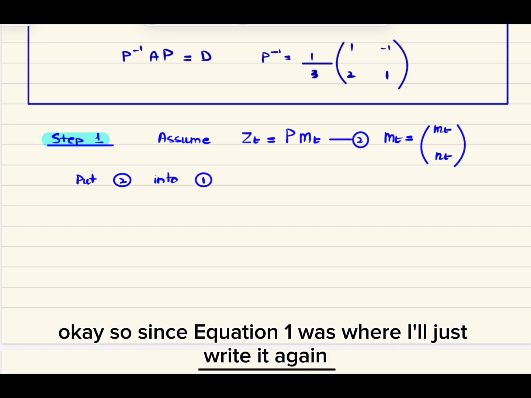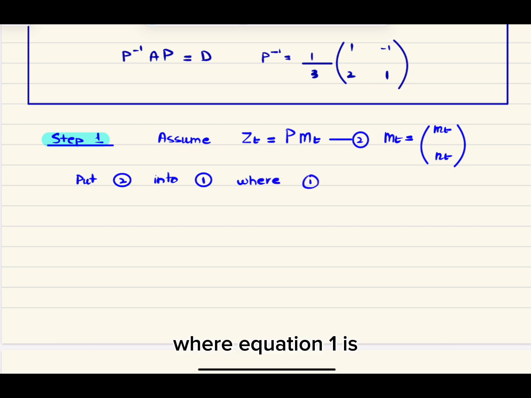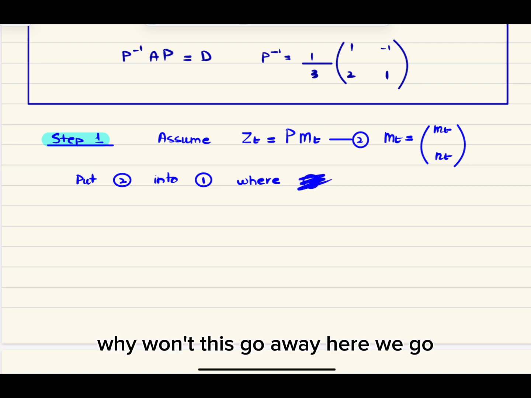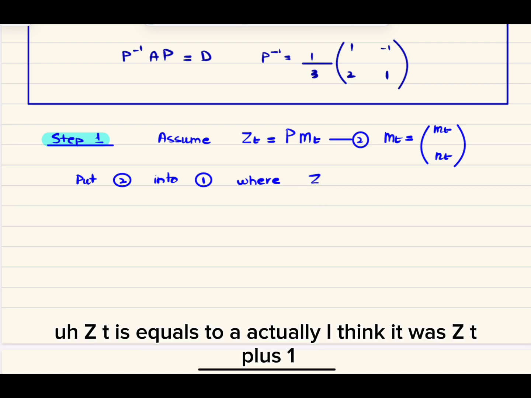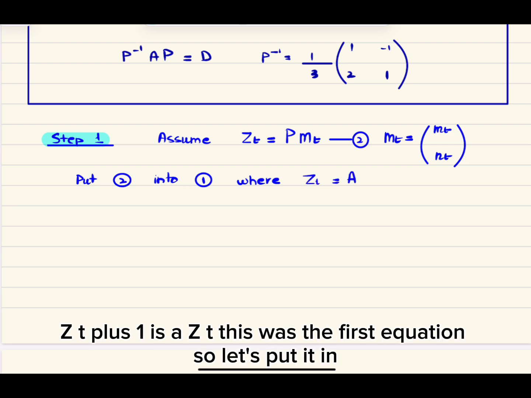Okay, since equation 1 is, I'll just write it again: z_{t+1} equals A z_t. This was the first equation. So let's put it in.